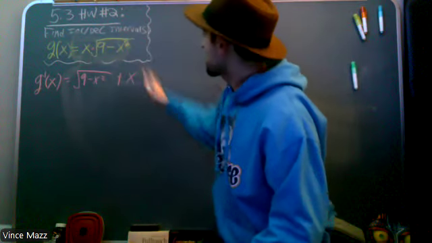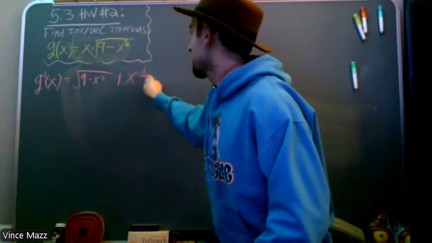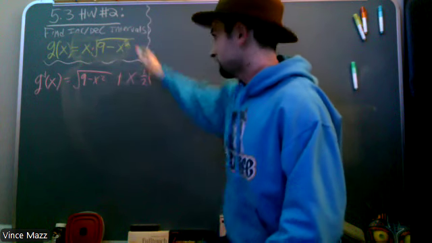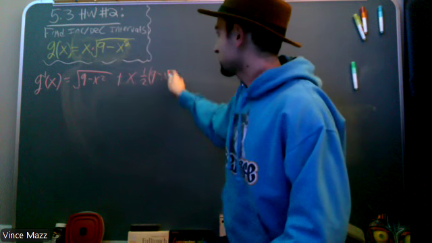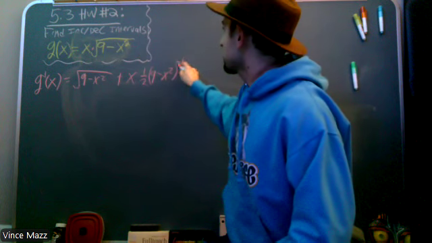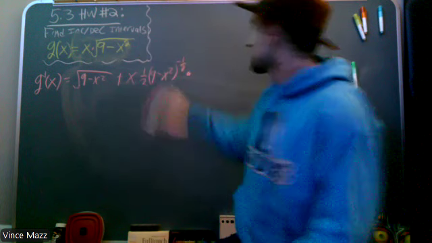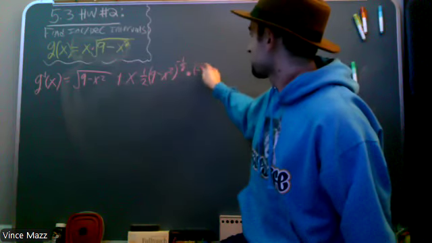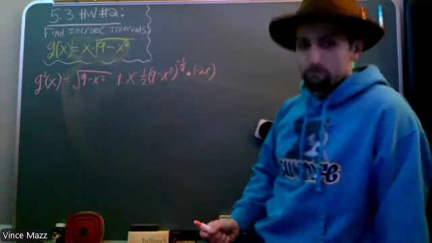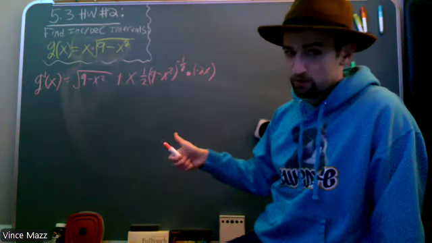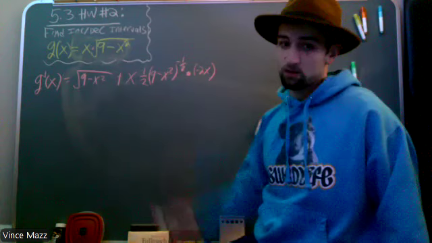So this is all to the 1/2 power. So you have 1/2, then copy and paste the inside, 9 minus x squared, to the negative 1/2, times the derivative of the inside, being negative 2x.